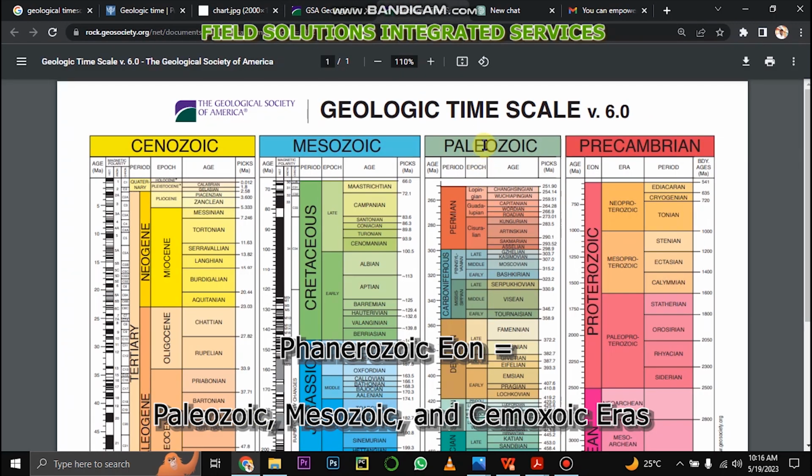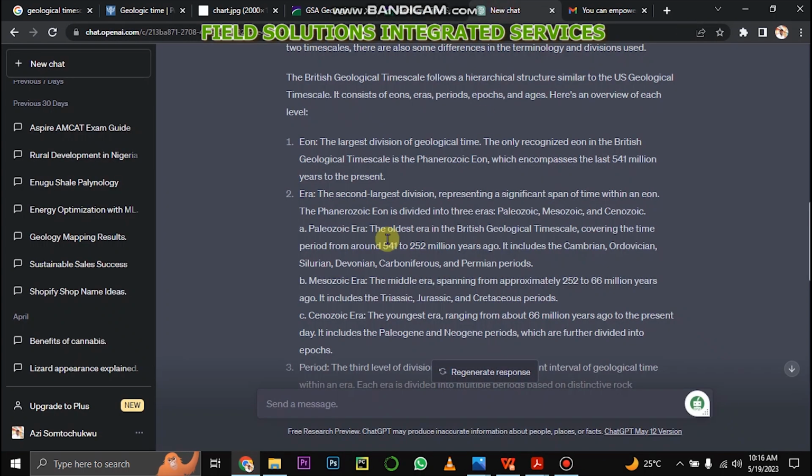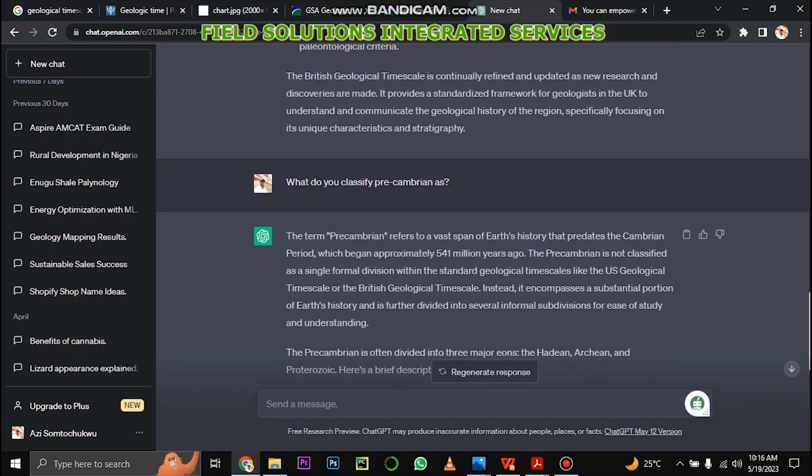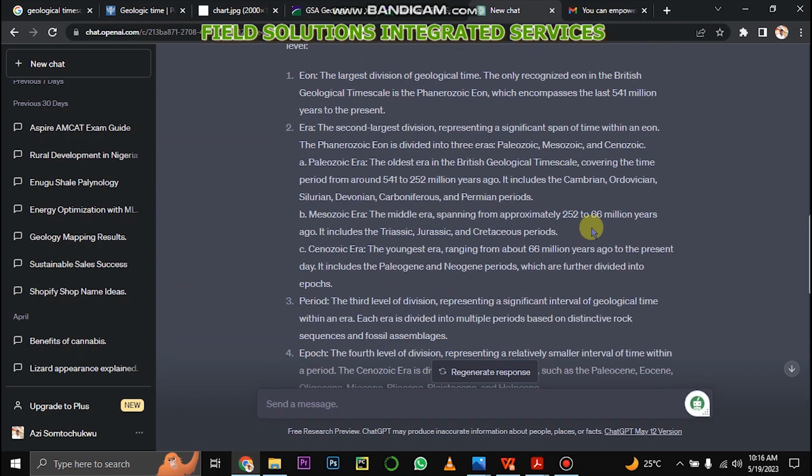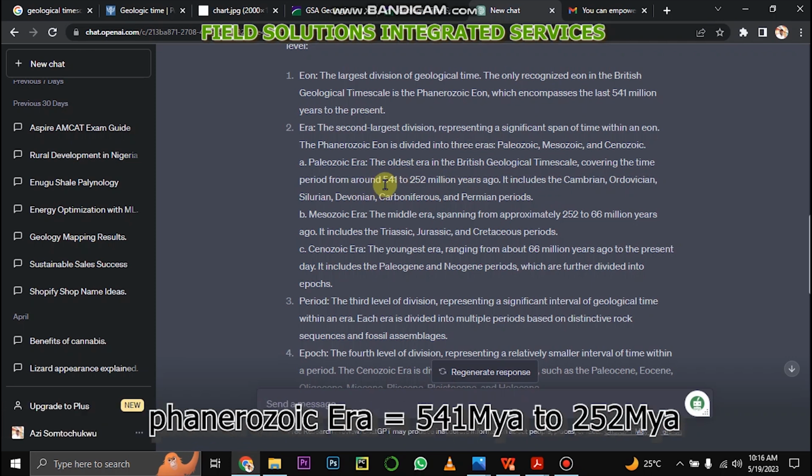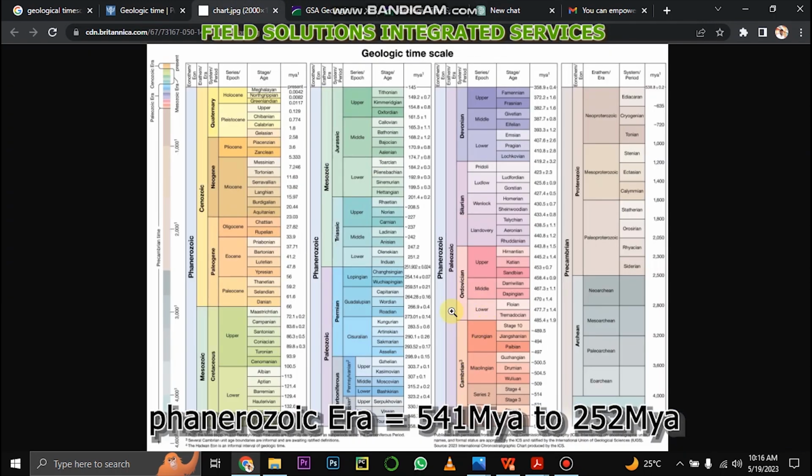The same thing goes for the US geologic timescale, showing us the Paleozoic era, Mesozoic era, and the Cenozoic era. According to ChatGPT, it explained the Paleozoic era as the oldest in the British geological timescale, spanning from 541 million years to 252 million years.